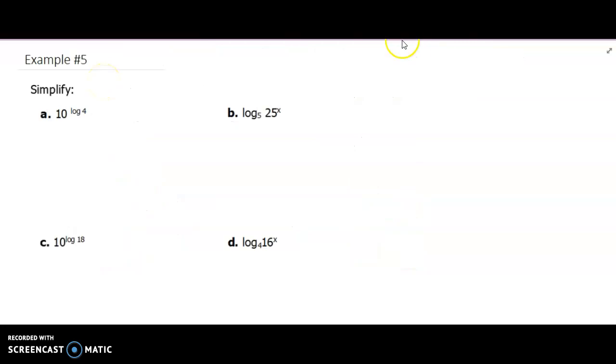All right, so before we do example 5, I want to talk about two different properties that we're going to use. Okay, so the first one is a number b to the power of log to the same base b of x. This is going to equal x.